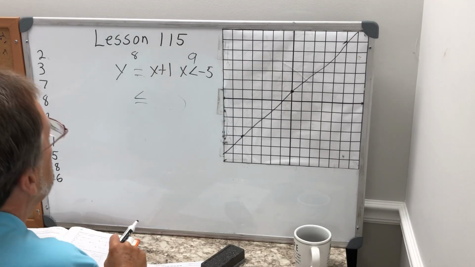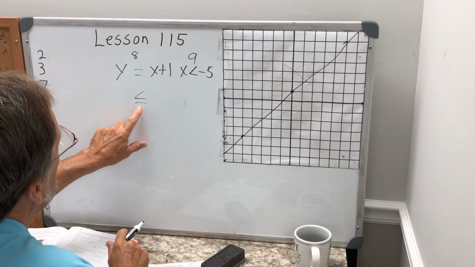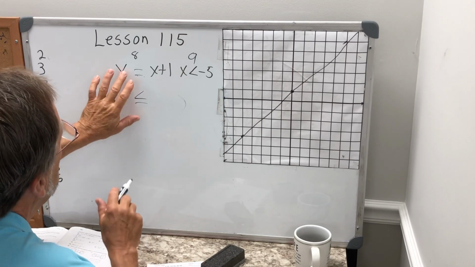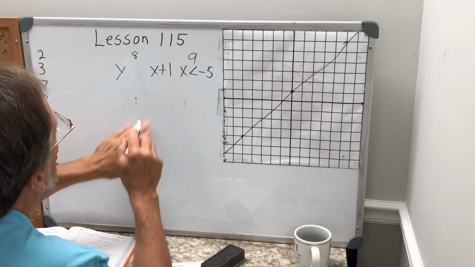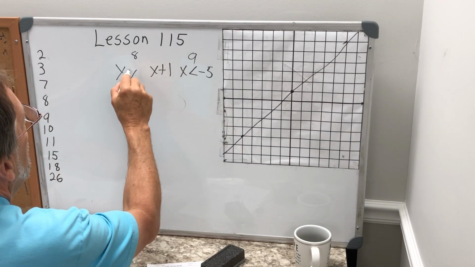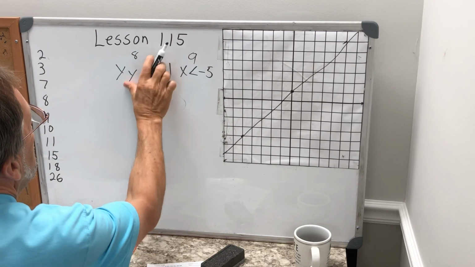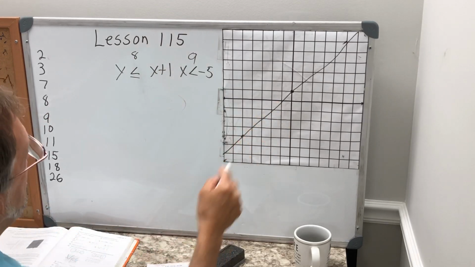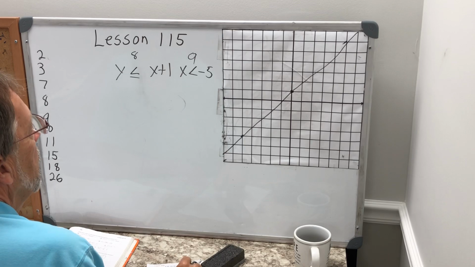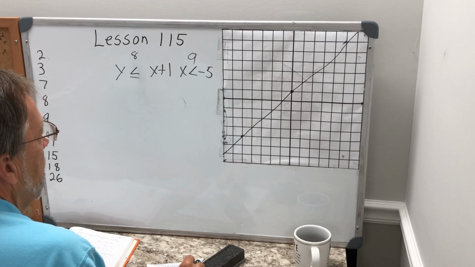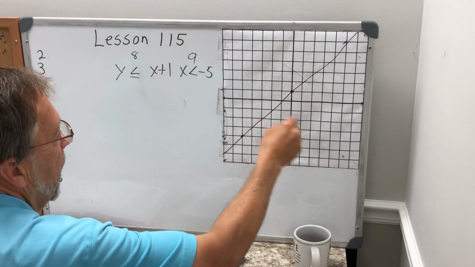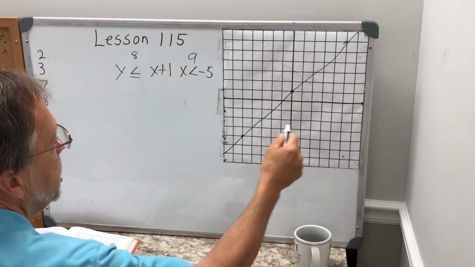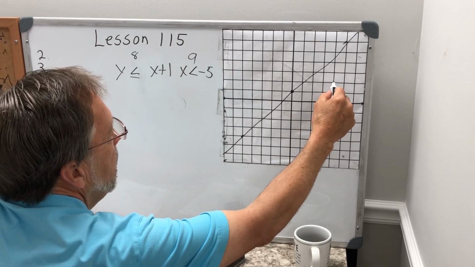Okay, now we got to make this thing be true. It says y is less than or equal to. So which side do we shade? Again, we can just pick out on either side, which side do we shade to make this true? Let's go up in here.